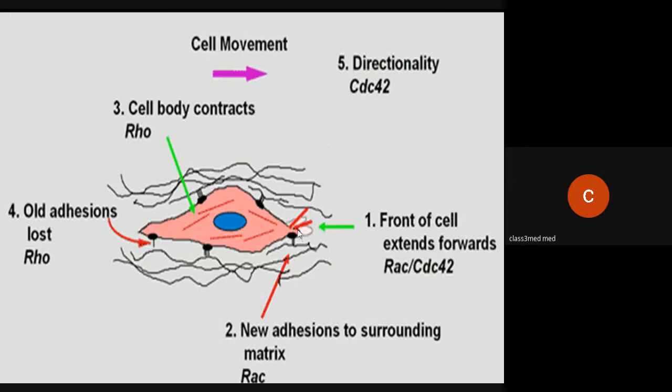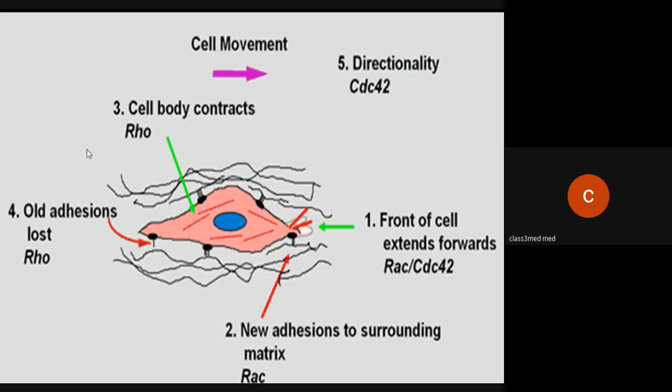Then the third stage is the removal of the old adhesion at the tail of the cell, and then contraction of the cytoskeleton of the cell. Clear?